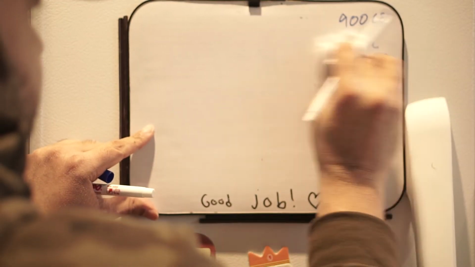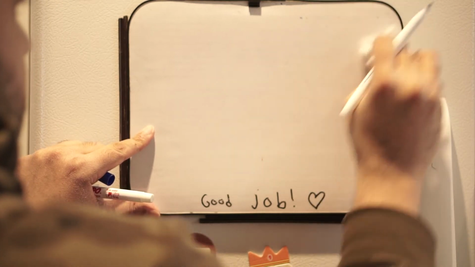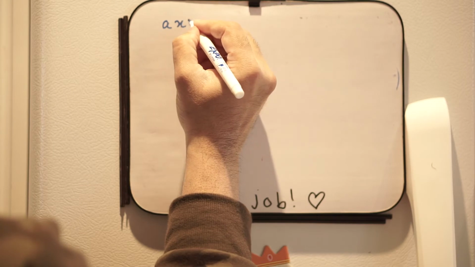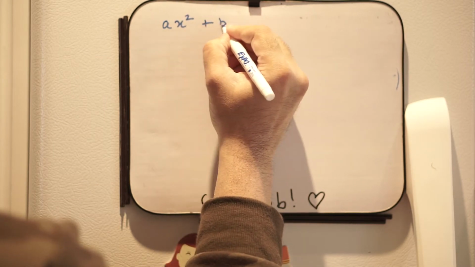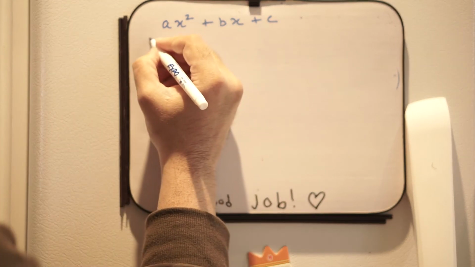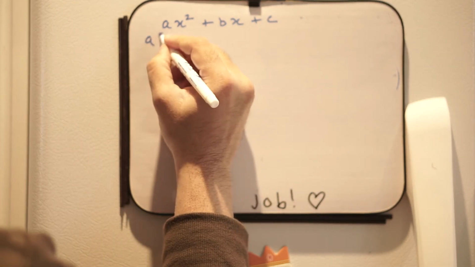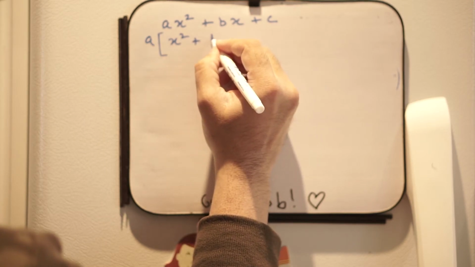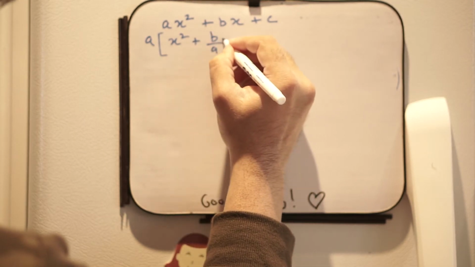So if we expand the same equation to, let's say, something we are all familiar with, ax squared plus bx plus c. Now we start breaking this apart, try to bring it into a familiar form that we already discussed.